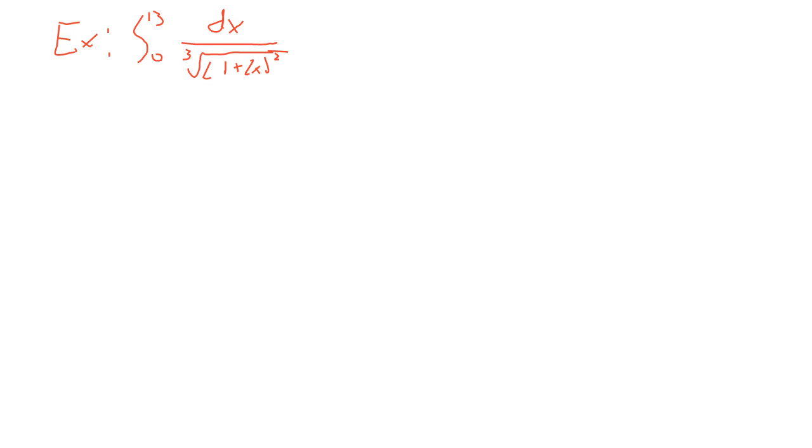If we look at this, we have an inner function, this 1 plus 2x, and an outer function, which is that x to the 2/3. So we can let u equal 1 plus 2x, and then of course our du is 2 dx. Divide by 2 since we don't have a 2 out there, to get du over 2 is equal to dx.